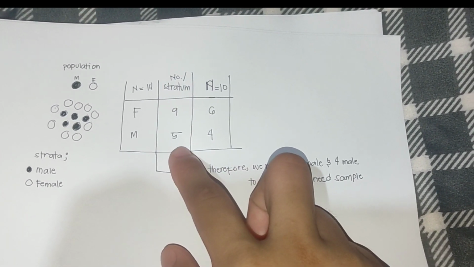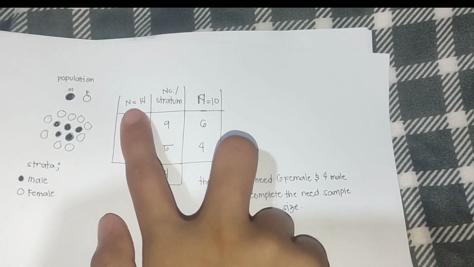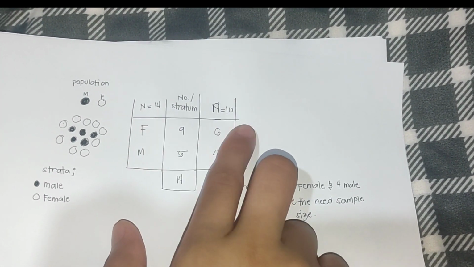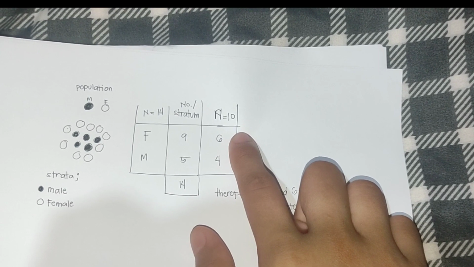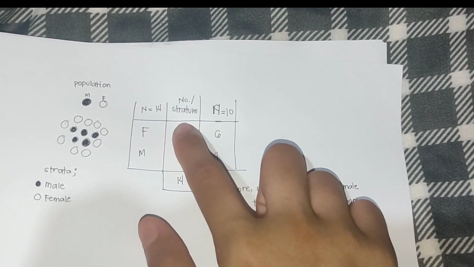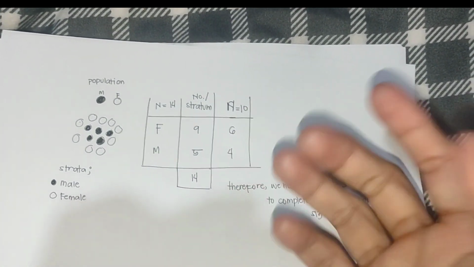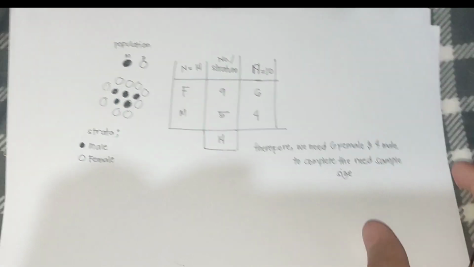So we have here 9 divided by 14, multiplied by 10, then we have 6. The same thing, 5 divided by 14 times 10, then we'll have 4. Then there we have our sample size, which is 10.